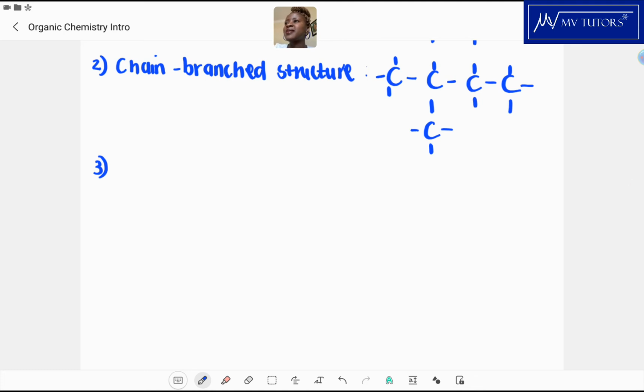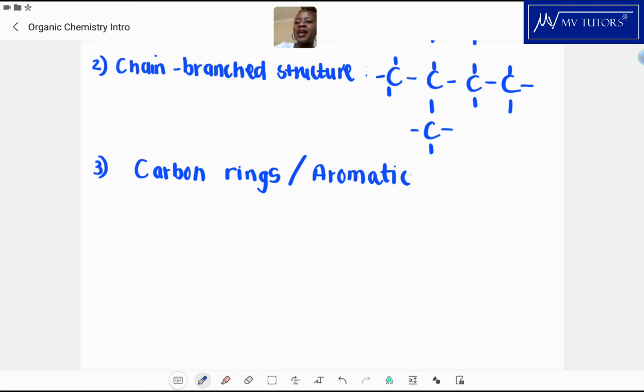Is that the right word to say? Yes, you could have carbon rings. They're normally referred to as aromatic compounds. Those are responsible for the very nice aromatic smells.